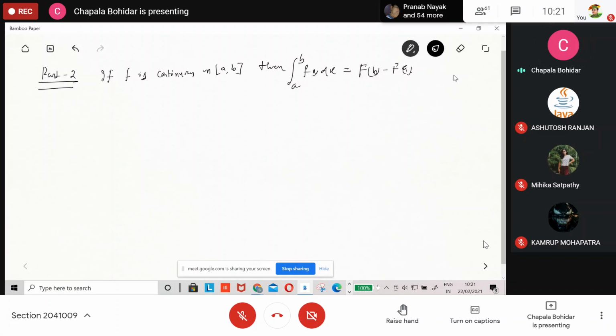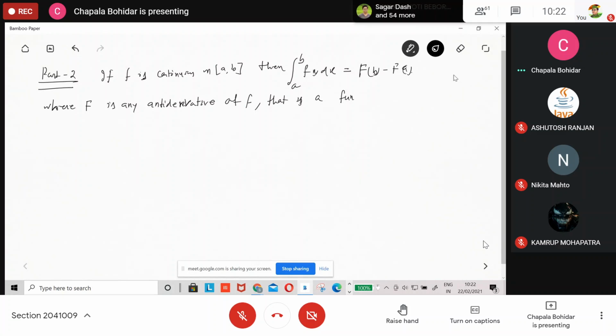where capital F is any antiderivative of f, that is, a function such that F dash is equal to small f.